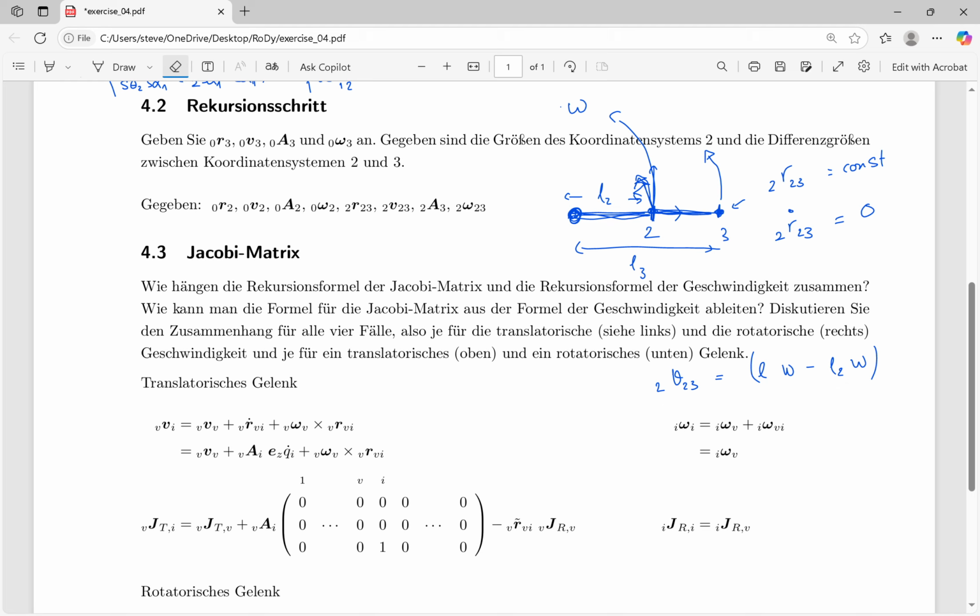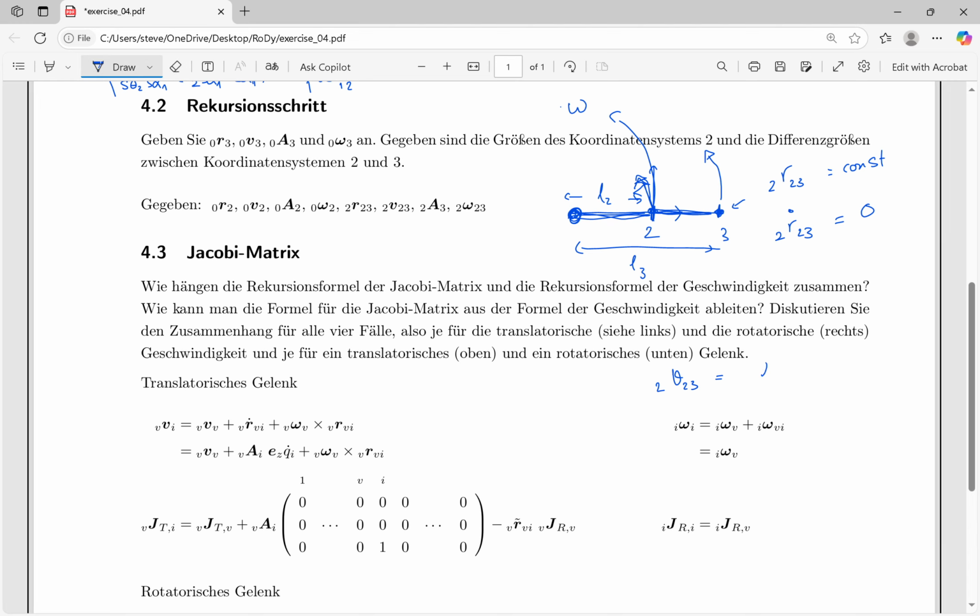And if you rewrite it a little bit, you would find that it's actually nothing different than L3 negative L2 crossed with omega. And actually omega 2 or omega 3, it's not that different.